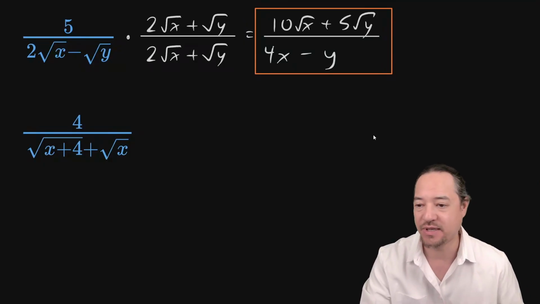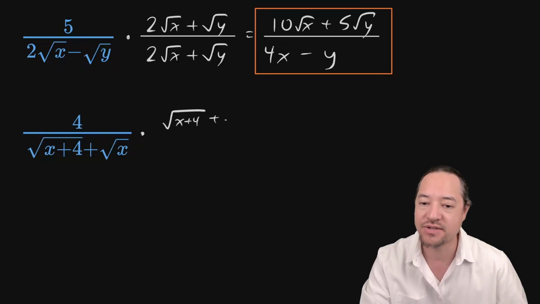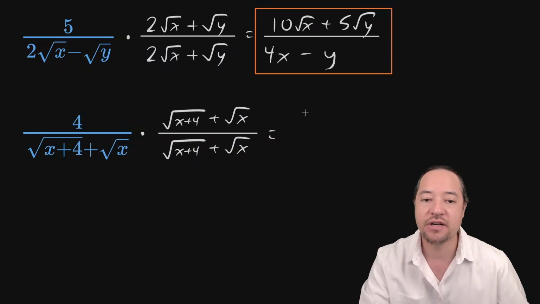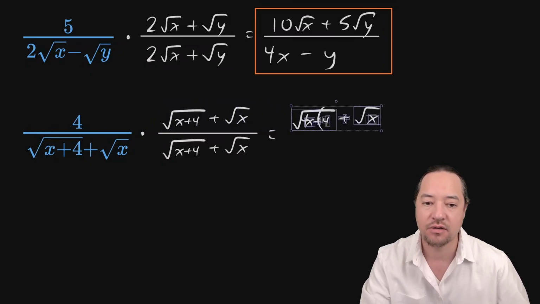Let's look at the last one. The very last one here, we want to multiply by the conjugate, and the conjugate will be root x plus 4 plus root x. And so that's going to be in the numerator and the denominator. So in the numerator, I'll just write this as 4 times all of this.